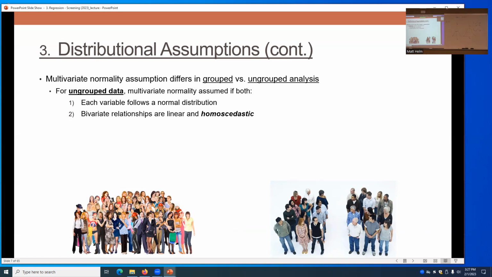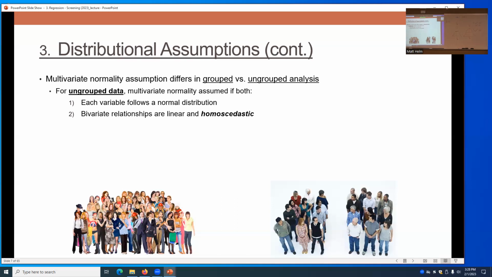We'll talk about homoscedasticity a little later on, but if all my variables in the regression model are relatively normal, and all bivariate relations are linear, so there are no weird nonlinearities, and their distributions are homoscedastic, which means they're sort of even, then we're going to assume we've met the criteria for multivariate normality.